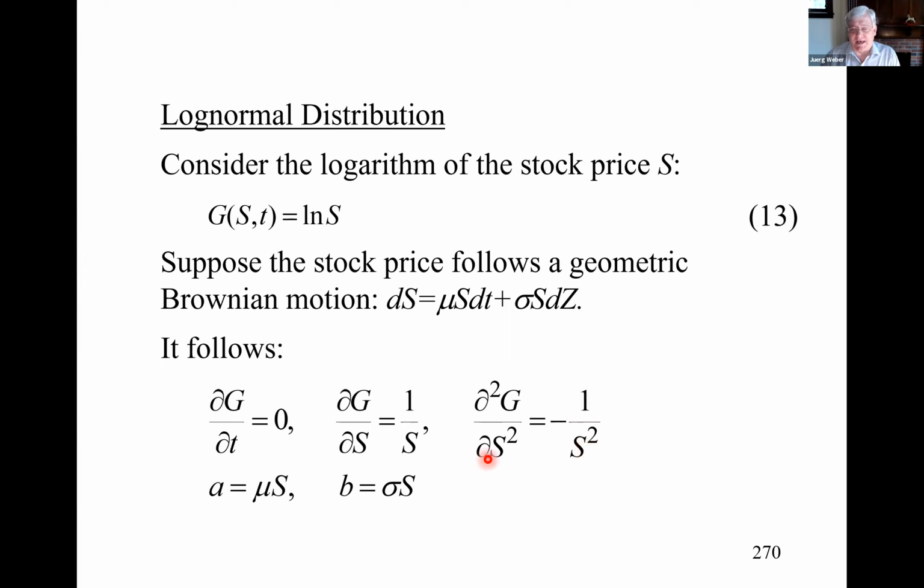That's naturally the case because 1 divided by s, you can write as s to the minus 1 power. So the minus comes down, and you have now a second power. And then again, the drift comes from the geometric Brownian motion, and also the scaling factor, the a and the b, will be as before.